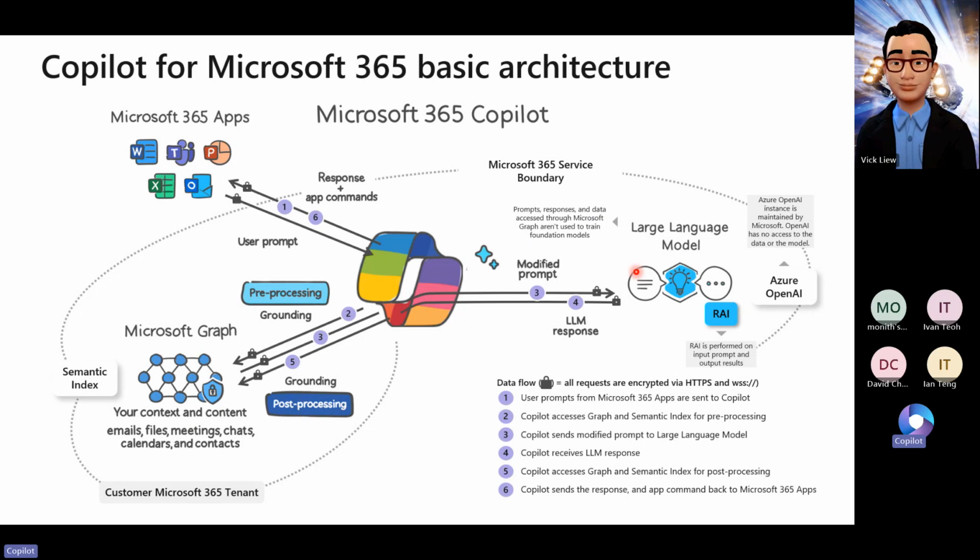For example, write me a text or create me images. And then after that, it will send it back to the Microsoft Graph, and then it will send the information back to you. So this is an overview of how Microsoft 365 Copilot works.